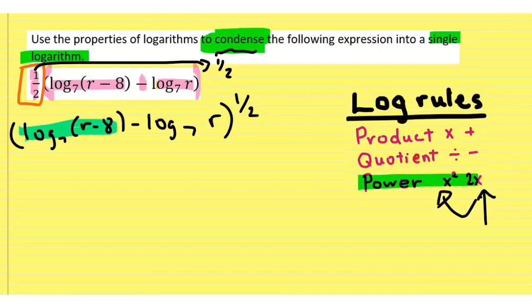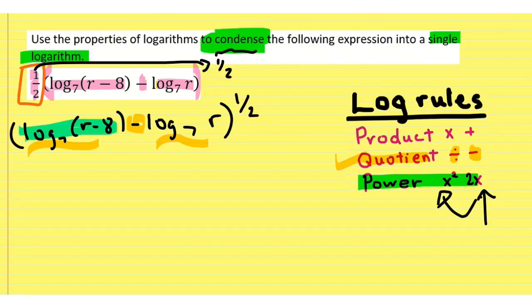But this right here, the quotient rule, which allows us to have a subtraction of two log terms and return it to a quotient, that can be employed by this right here. This is a log of something minus the log of something, that qualifies for the quotient rule.